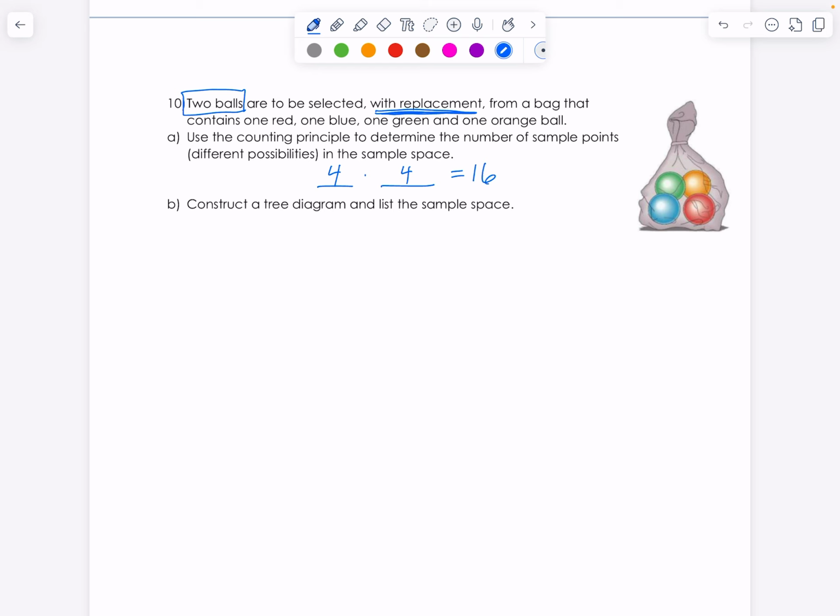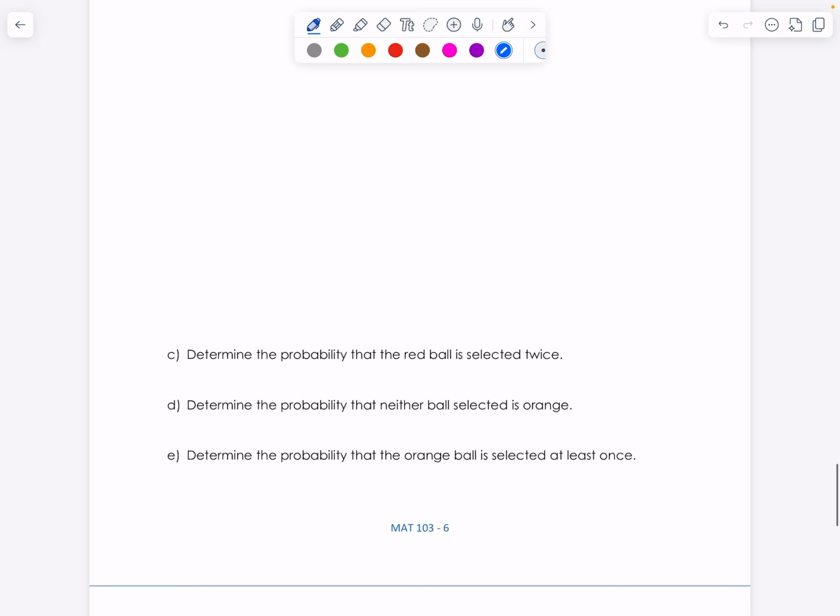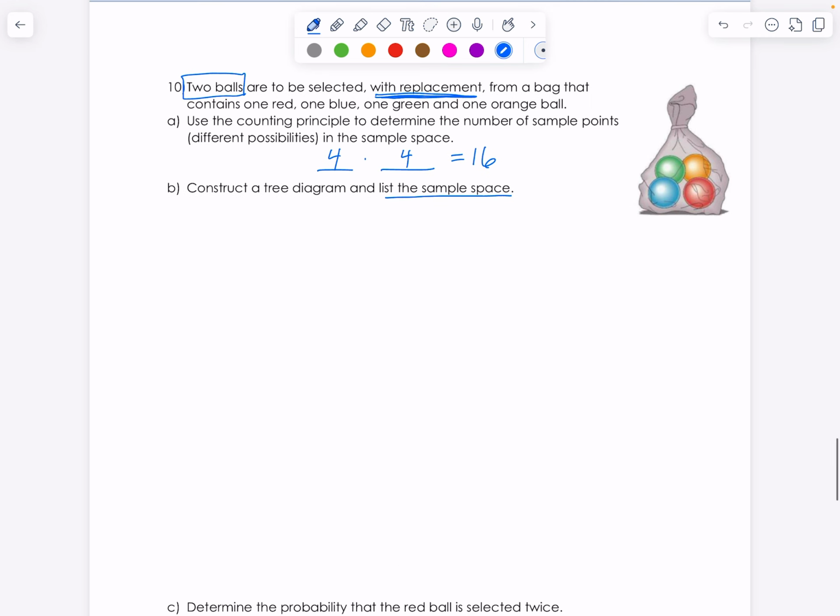Now they want us to construct a tree diagram and list the sample space, okay? And after we list that sample space, we're going to use that to answer some probabilities. So we've got some choices. The first draw, the first one that we're going to draw, we could either choose a green or a blue or an orange or a red.